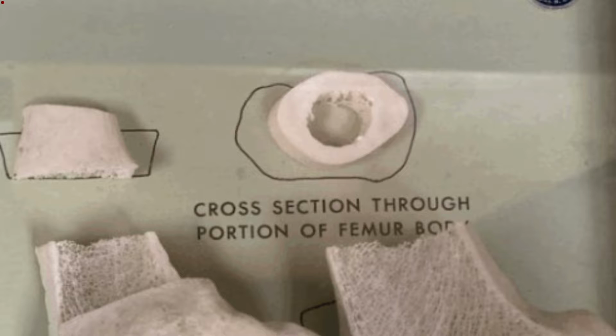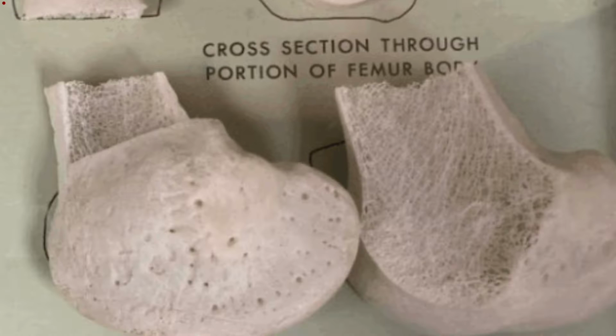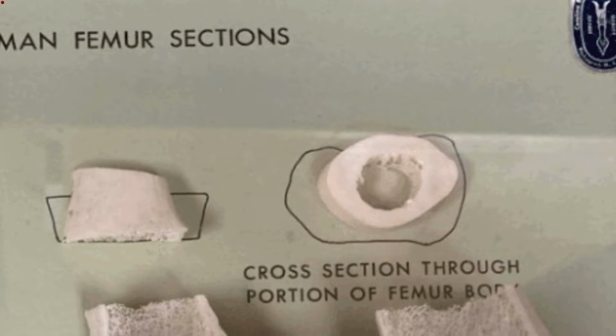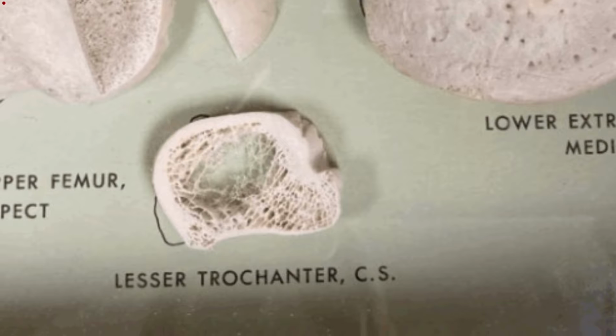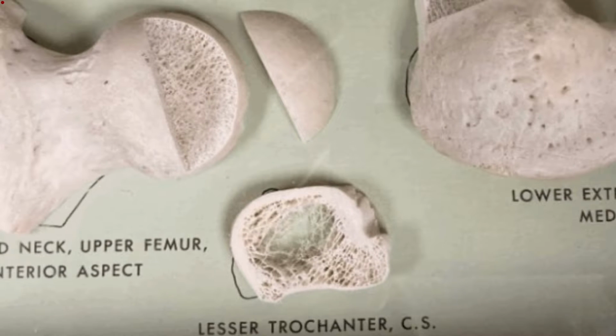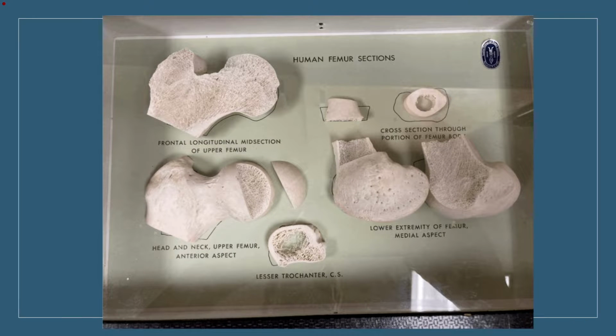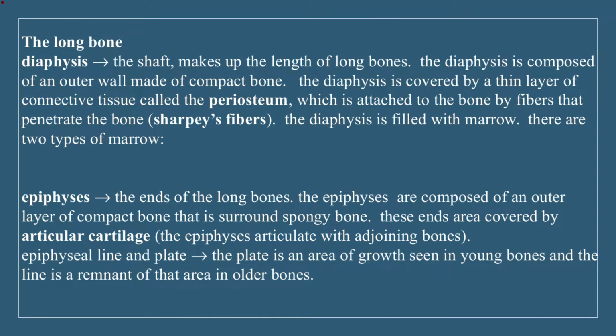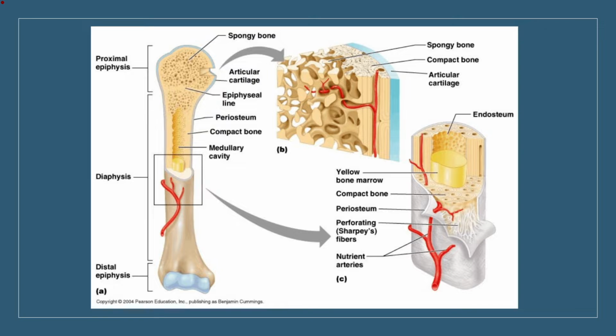So you can appreciate that different tissue. Compact on the outside, spongy on the inside. You can see compact on the outside here, spongy on the inside. We're going to come back to that long bone in a second.